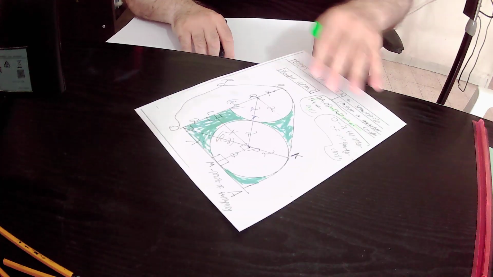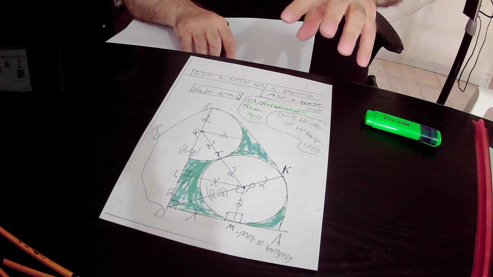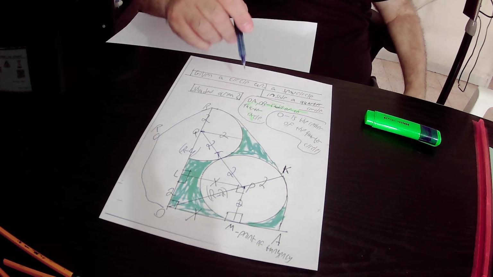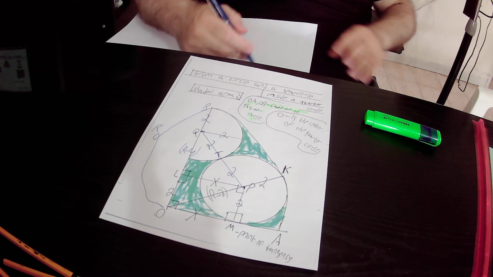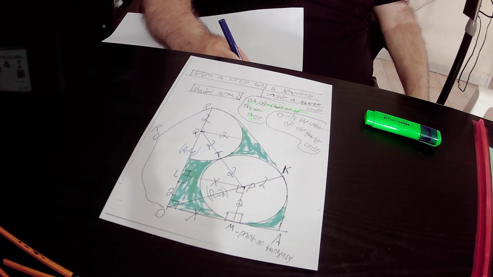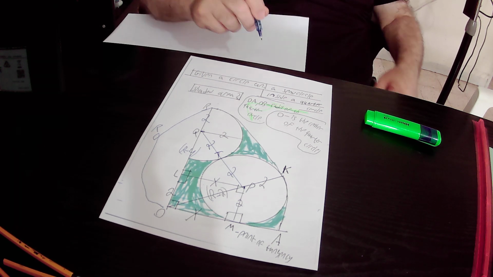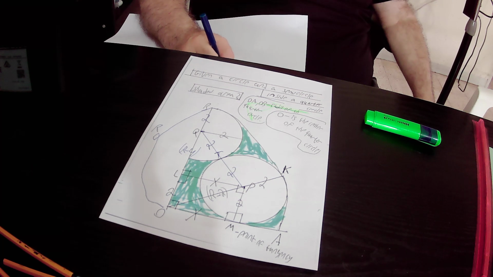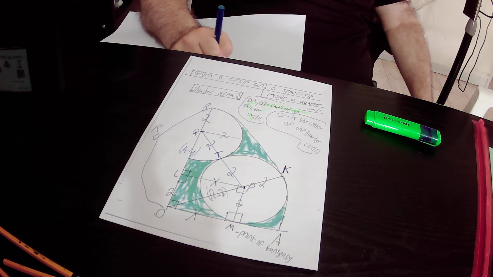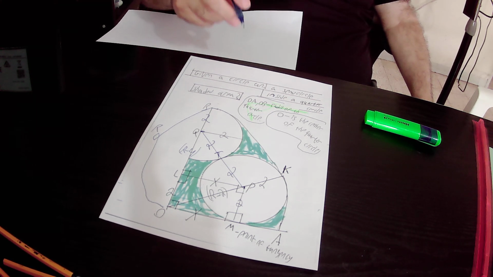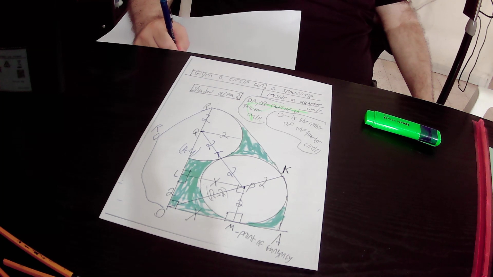From the drawing, it is very easy to see that the value of the shaded area equals the area of the quarter circle minus the area of the circle minus the area of the semicircle.